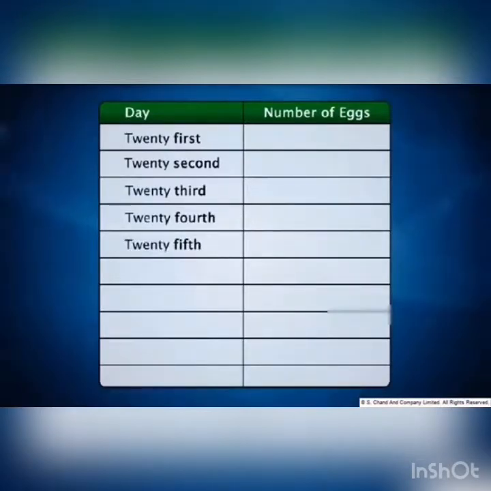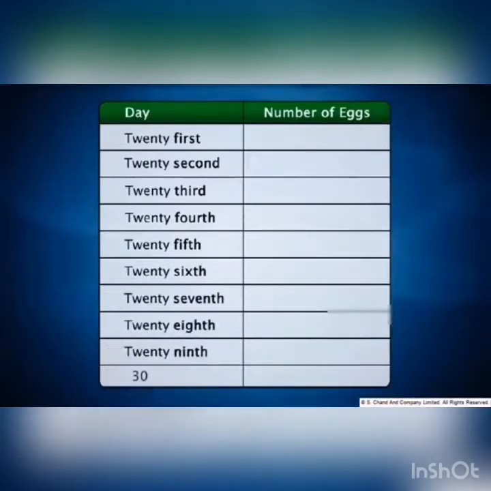Similarly, the ordinal numbers for 26, 27, 28 and 29 are 26th, 27th, 28th and 29th. The ordinal number for 30 is similar to the ordinal number for 20. It is formed by replacing the letter y at the end by the letters i, e, t, h. So the ordinal number for 30 is read as thirtieth.